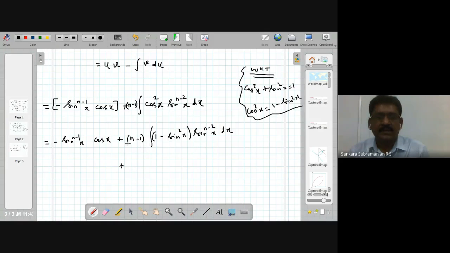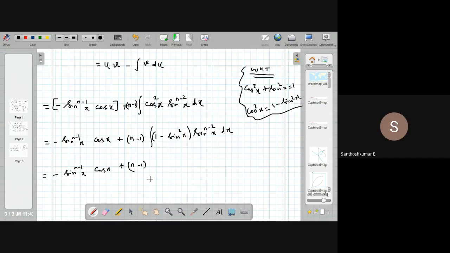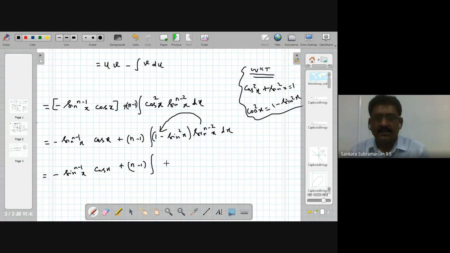So here you get two terms. The first remains the same. If you multiply with 1, you get the integral of sin to the power n minus 2 x dx, and if you multiply the second term, you get n minus 1 times the integral of sin square x into sin power n minus 2 x.